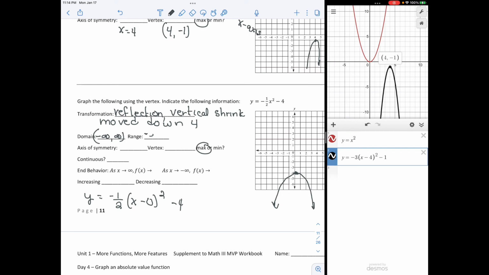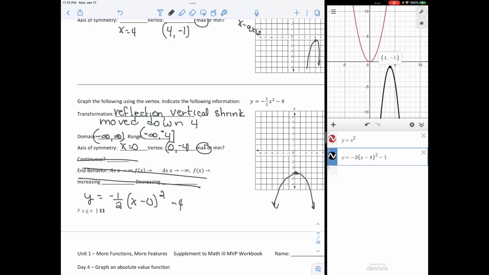So when it's a maximum, my range is going to go from negative infinity to -4. The axis of symmetry is going to be x equals 0. My vertex is going to be 0, -4.